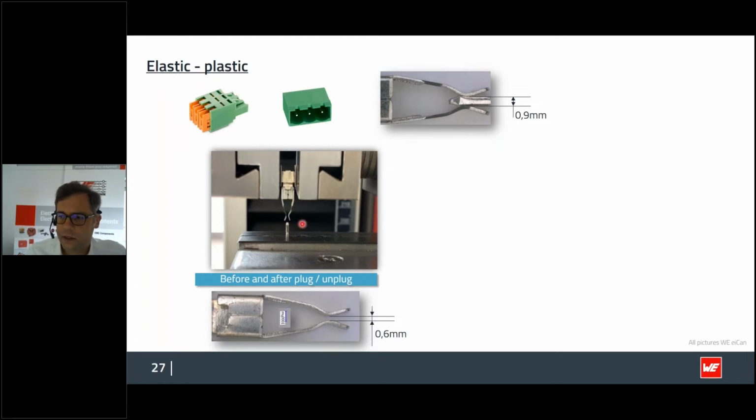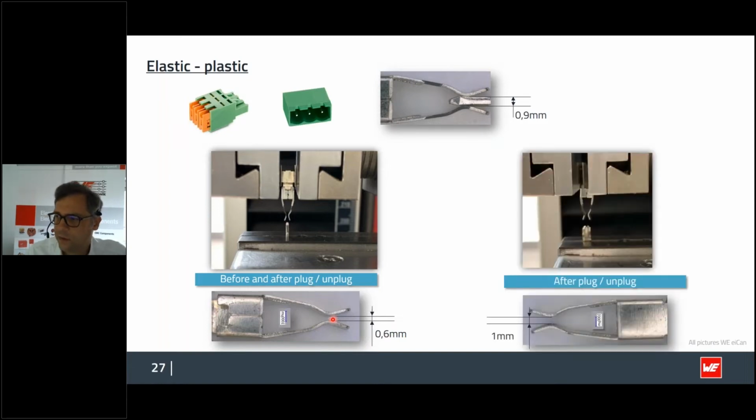characteristic. So in this case, before the mating cycles, you've got 0.6 millimeter in opening. By the way, don't get confused. We have here the state after plugging and unplugging. It's mentioned to have 1 millimeter as an opening. The pin itself is 0.9 millimeter.